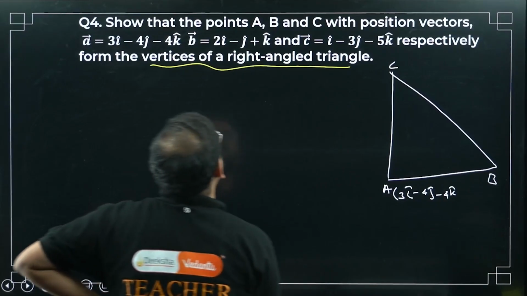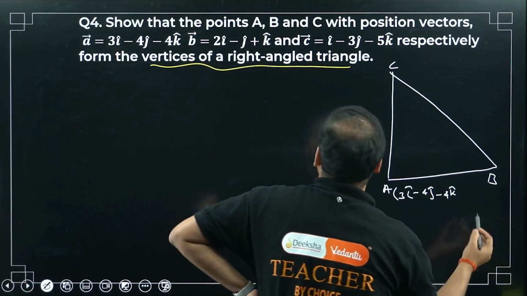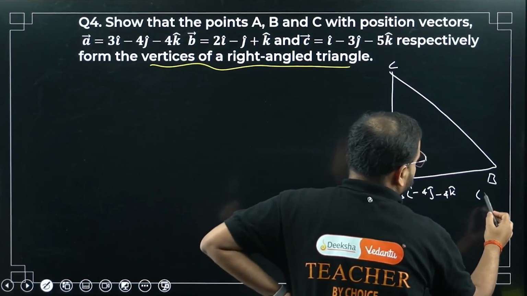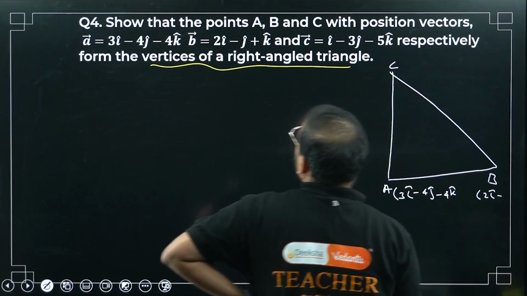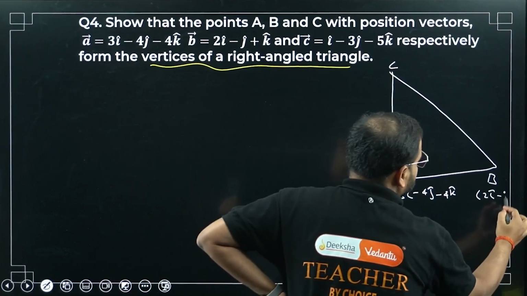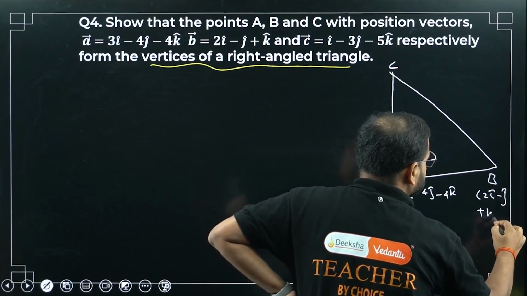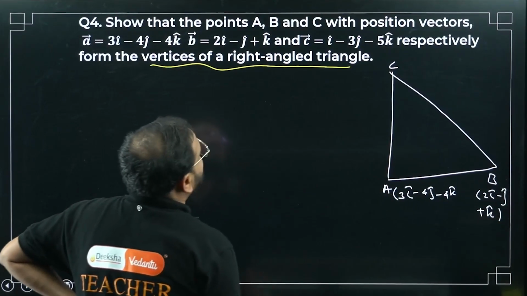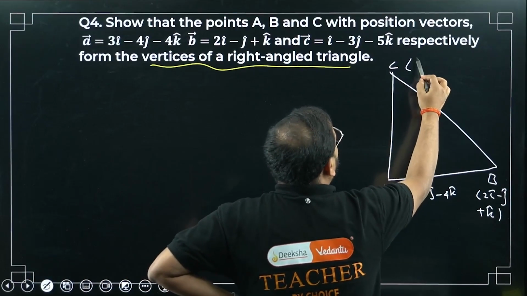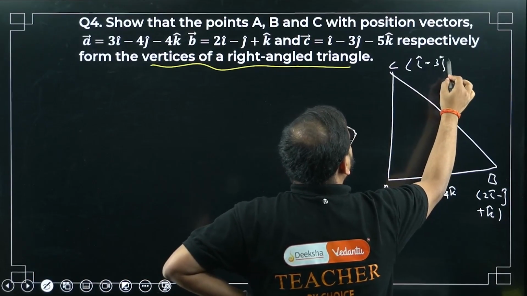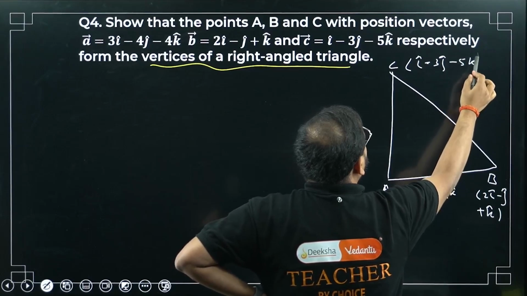B is 2i cap minus j cap plus k cap. C is simply i cap minus 3j cap minus 5k cap.